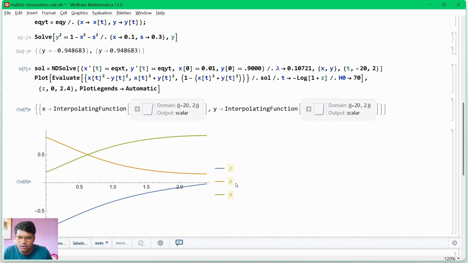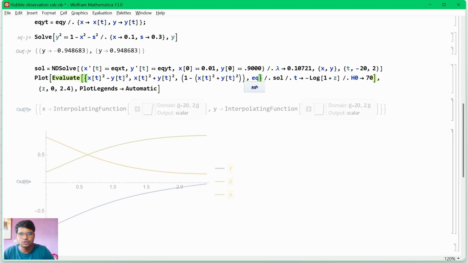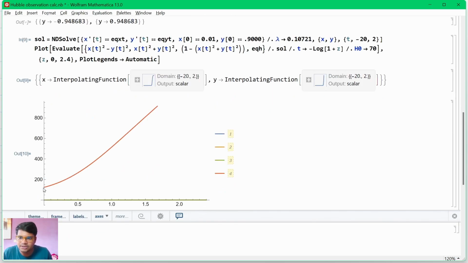And then you can see over here you have 0.1, 0.1 and 0.2. So it is now coming. Everything is now fixed, right? Now if I try to plot the equation of h, I'm going to write eqh over here, and then you can see that it is below 200. So it has to be like 178 and so on.